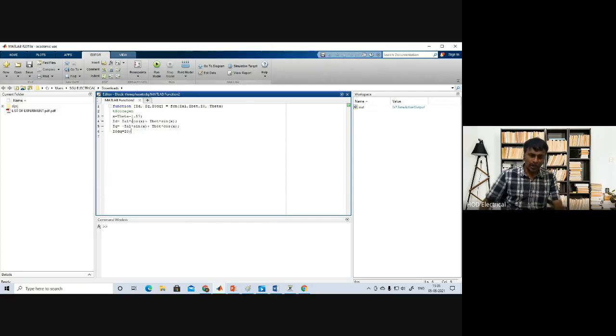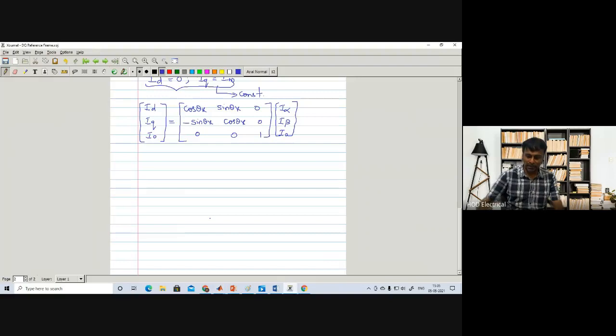Now in our case, we know that 360 degree is 6.28 radian, right? Therefore 90 degree is nothing but 90 into 6.28 divided by 360, which will be approximately 1.57.